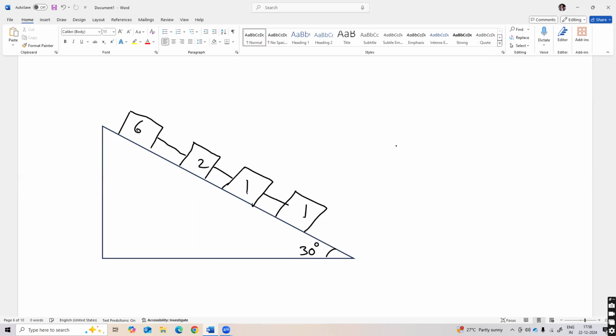The force acting towards the downward side is 100 Newton, and the force acting in the upward direction is 200 Newton. So now find out the acceleration.